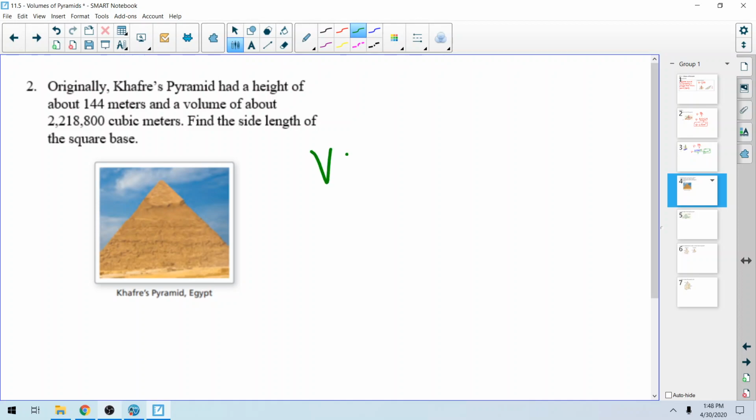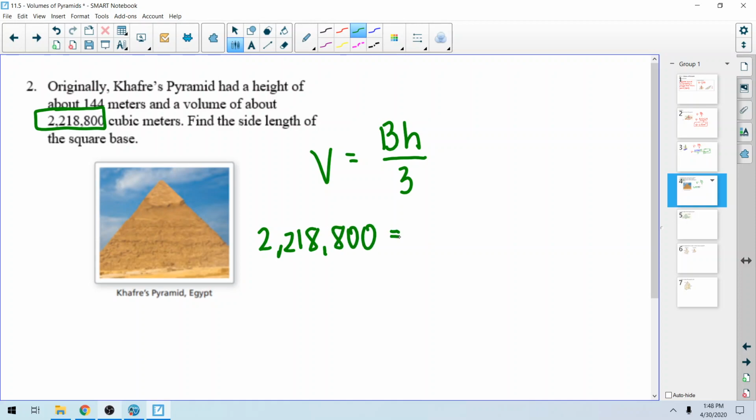We know the volume of a pyramid is the area of the base times the height, cut by 3. Now, the volume of this thing, they told us, was this huge number. So for V, I'm going to fill in 2,218,800,000 equals. Now, the area of the base. Well, the base they told me was a square base, and we need to find the side length.